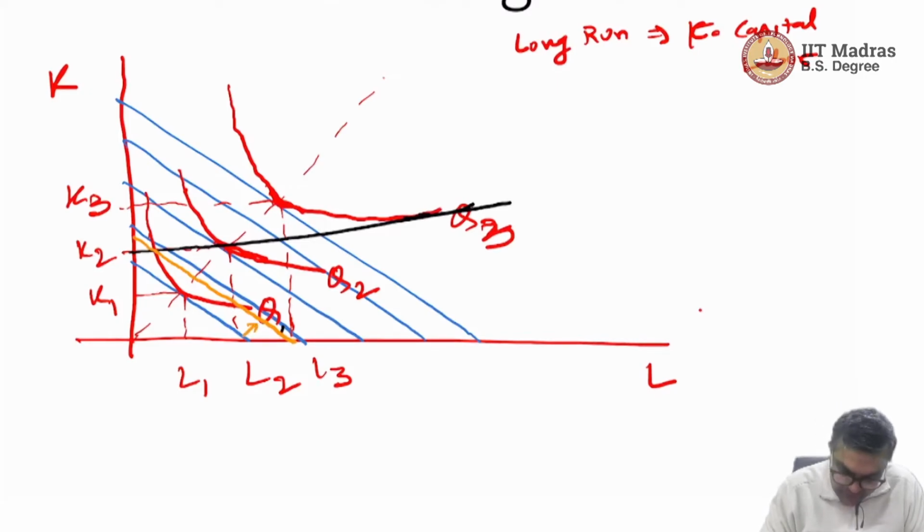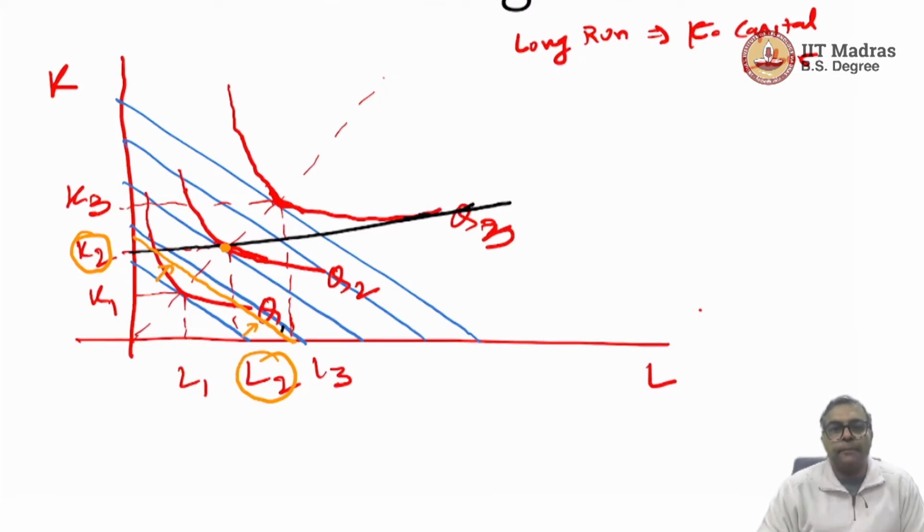Clearly we see the cost here in the short run is higher. How about when we want to produce the Q2 level of output? In this case, K2 is the optimal level of capital required, and you will select L2 to produce the Q2 level. So short run total cost and long run total cost both would be equal.